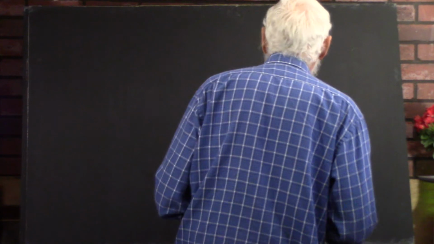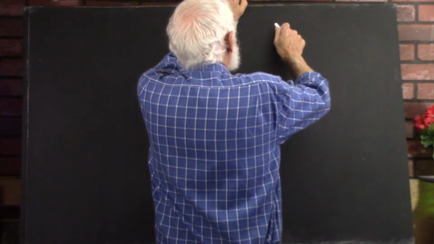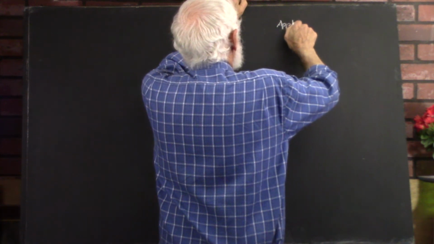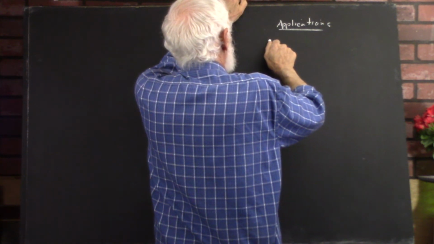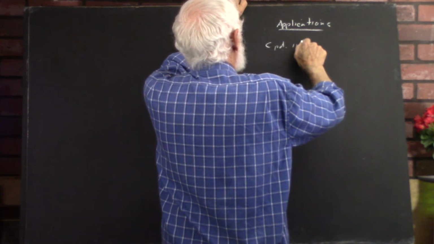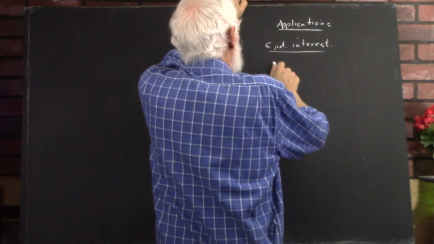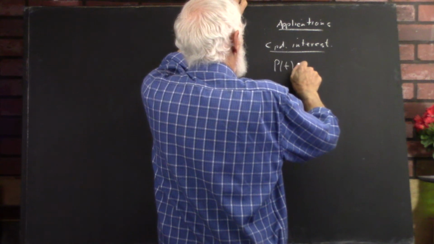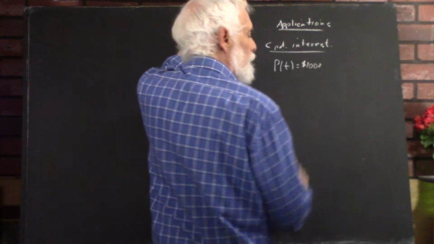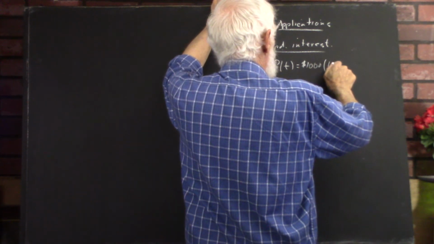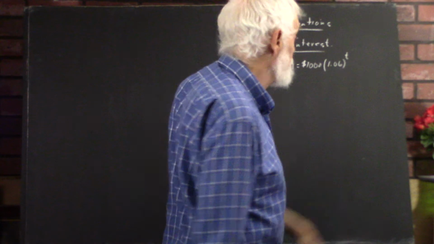Okay, so compound interest. Let's say you've got P of t equals, oh, I'll always give you $1,000, shoot, just ask. $1,000 times 1.06 to the t, that would be 6% interest compounded annually, where t is in years.